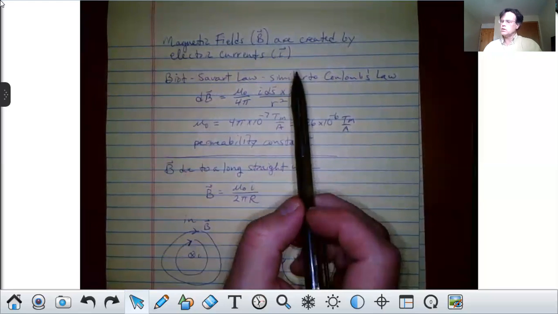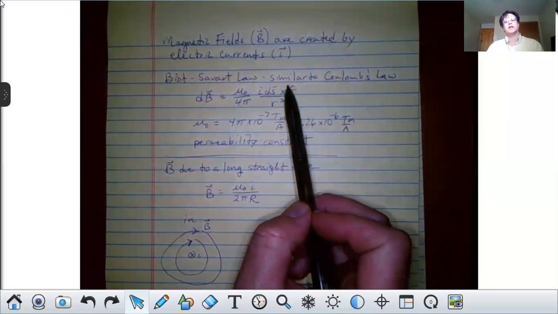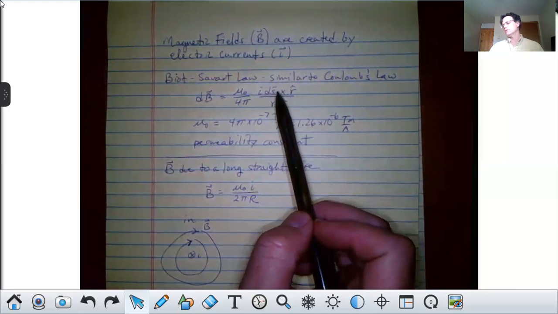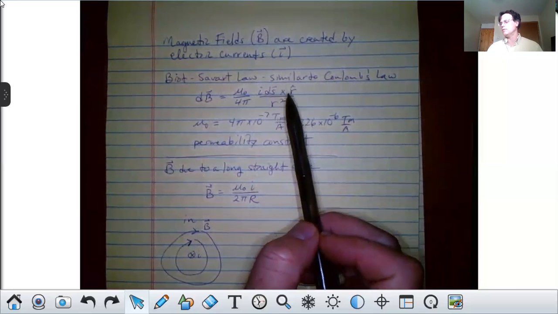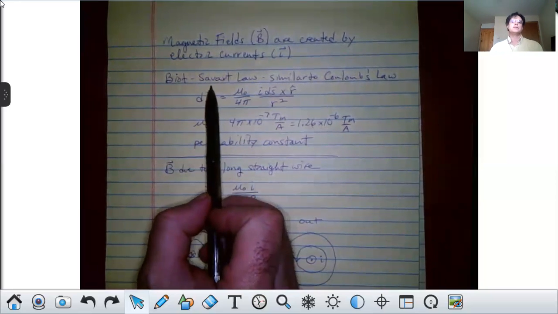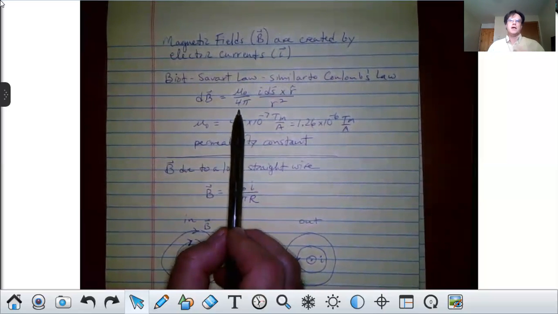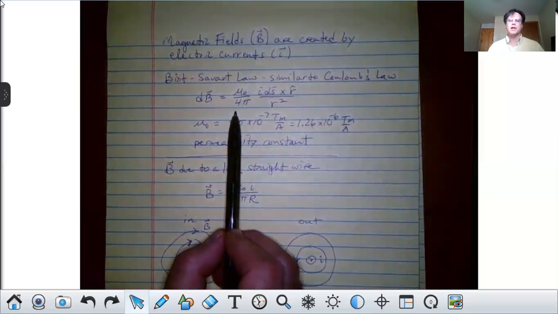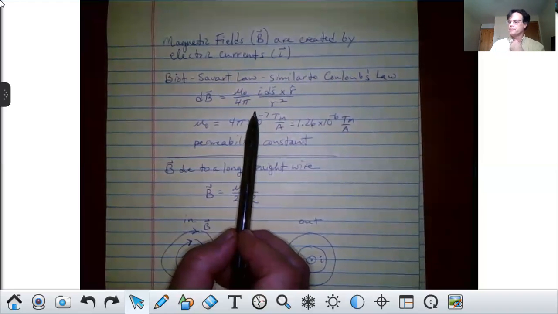And it's similar to Coulomb's law for the electric field, but it's more complicated. It's got a cross product in it. And I'm not going to go through the details of calculating fields from the Biot-Savart law, as it's called. I'm just going to give some results, and if you're interested in how they're calculated, they are in chapter 29. You can look at that, but I'm not going to give any problems involving that.